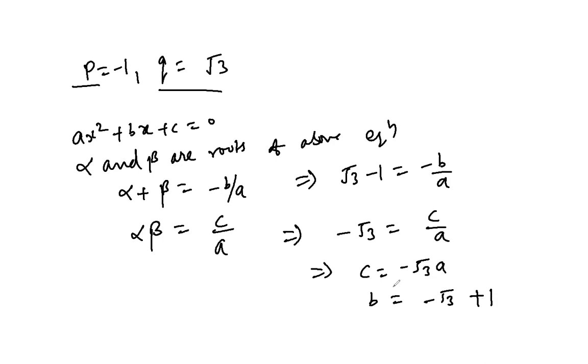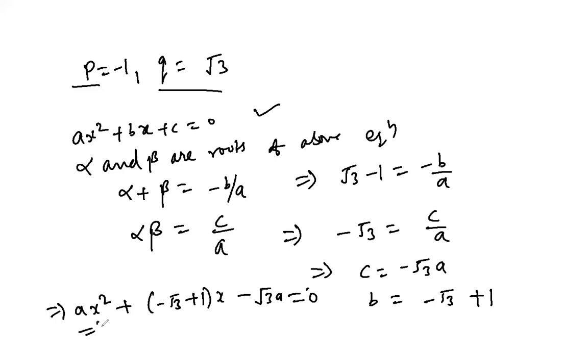Okay, and now putting everything in this equation, you will have a x square plus, what is the value of b? b is simply minus root 3 plus 1 into x plus, sorry, c, the value of c is minus root 3 a, equal to 0.